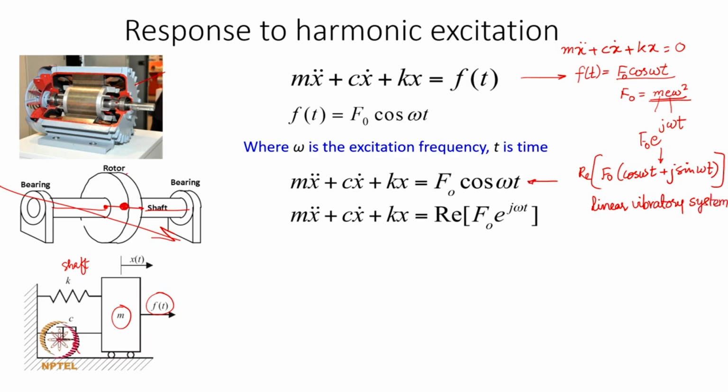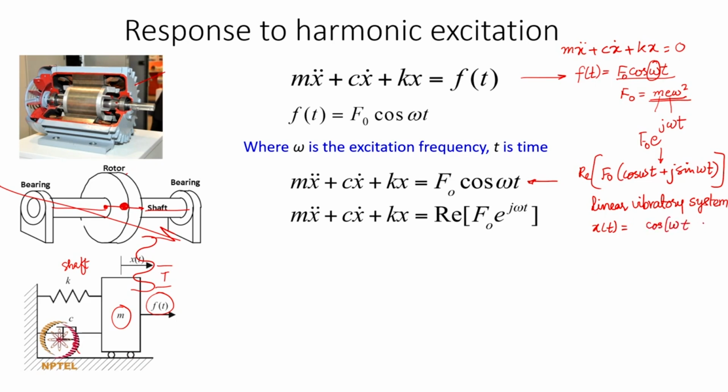a linear vibratory system has a property that if you excite it with a force having a period capital T, the response is expected to be at the same period of oscillation. So, when the excitation force f of t has a repetition rate and frequency omega, then your response x of t will also have the frequency omega.